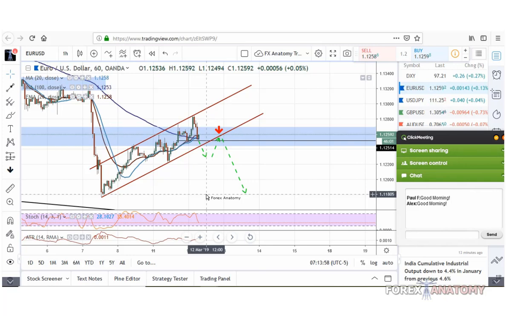But you have to put everything in context. You just can't look at what's been happening with the euro just for today and say, oh, the euro is bullish. You have to look at everything in context. You have to look at the larger time frames and get a larger time frame perspective before you decide to do anything.